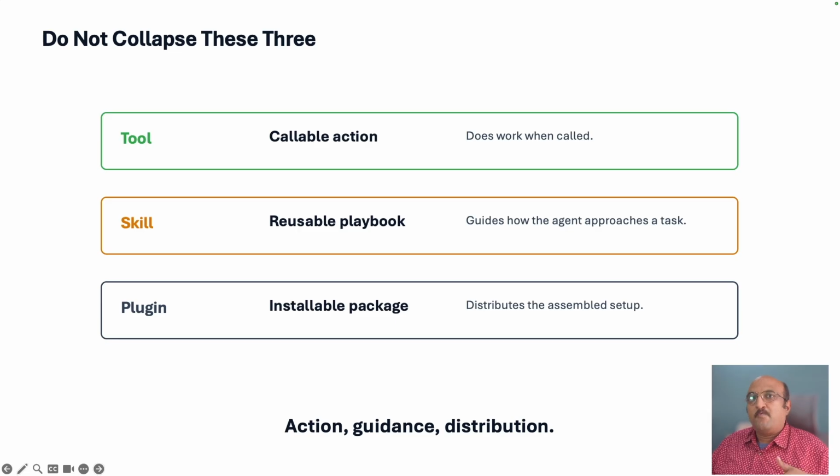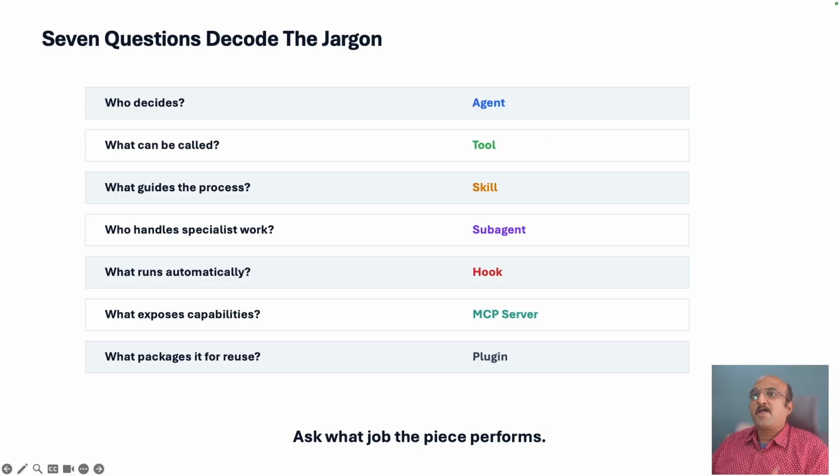Going forward, whenever you are wondering whether something should be an agent or a skill or an MCP server, try to answer these questions. If it is something that has to do decision making, it should be an agent. If it is something that should be callable by the agent, it is a tool. If it is something that should be used by the agent to control its behavior, then it should be a skill.